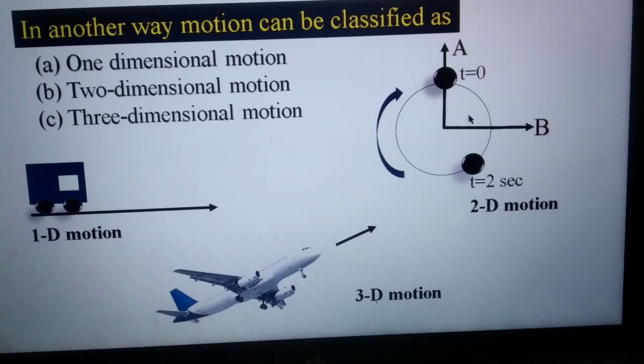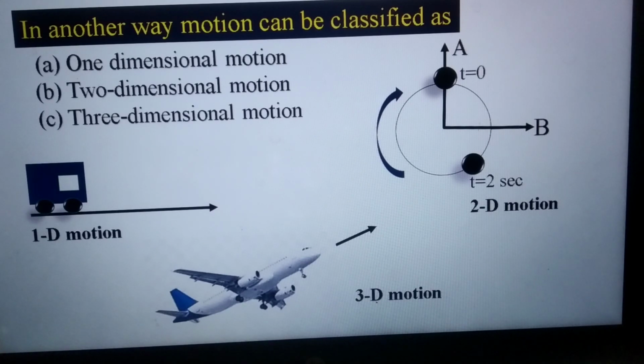So the ball is changing its position with respect to time and changing its direction. This means the ball has some acceleration, but its acceleration is not changing with respect to time. This type of motion is uniformly accelerated motion and also two-dimensional motion.